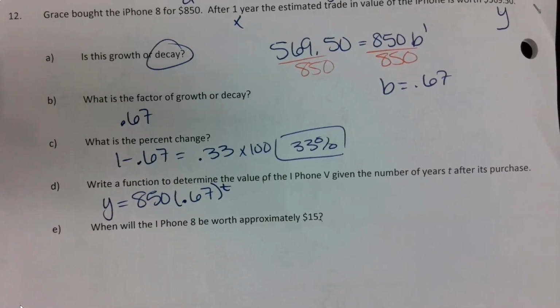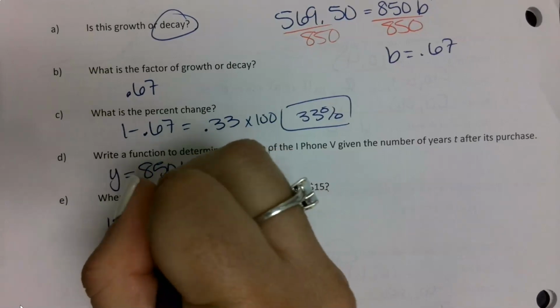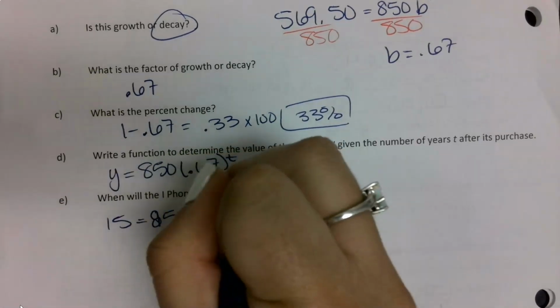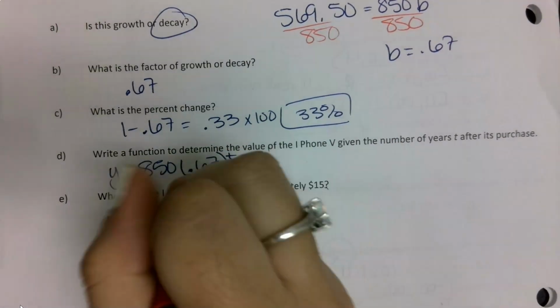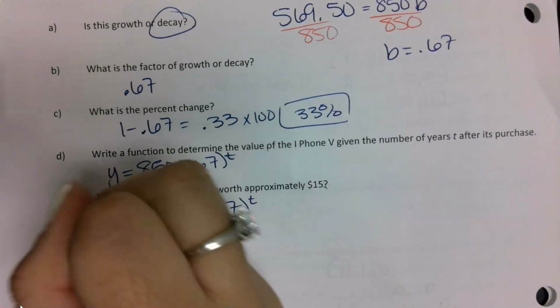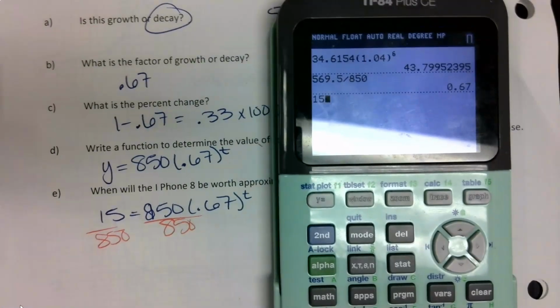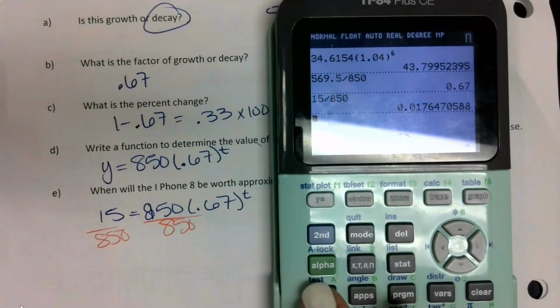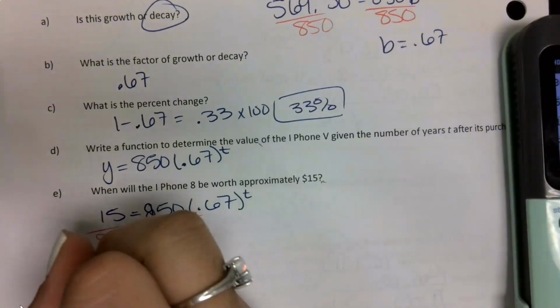When will it be worth approximately $15? So I set this equal to 15. I can graph, or I'm going to use logarithms to solve. So first thing I'm going to do is divide both sides by 850. I'm going to leave it alone as this fraction, 3 over 170 for now.